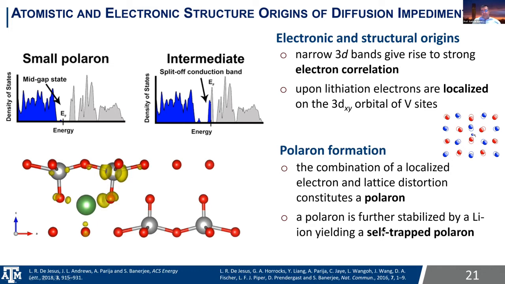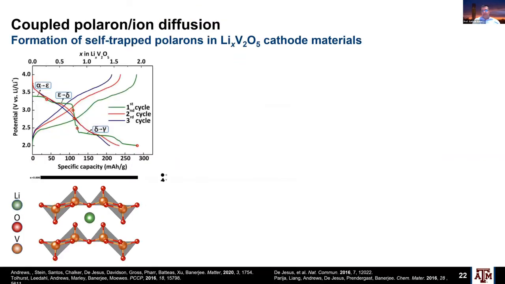So this is really important, because as we search for higher voltage cathodes that have larger band gaps and so on and so forth, we're going to be more likely to stabilize polarons. And the polarons, this coupling of the electron with the lattice, can really inhibit lithium ion diffusion through the solid. Okay, so essentially what is going on, and this is a little movie I'll play for you.